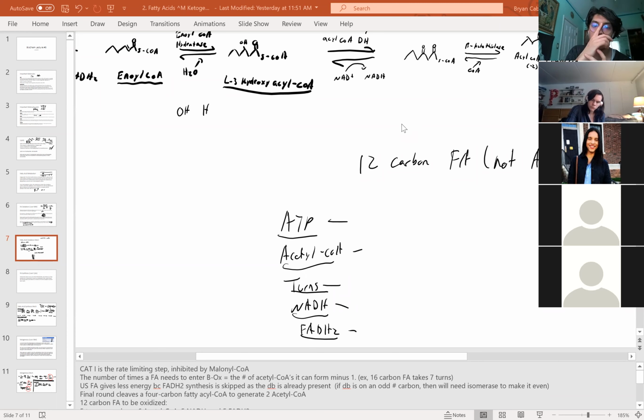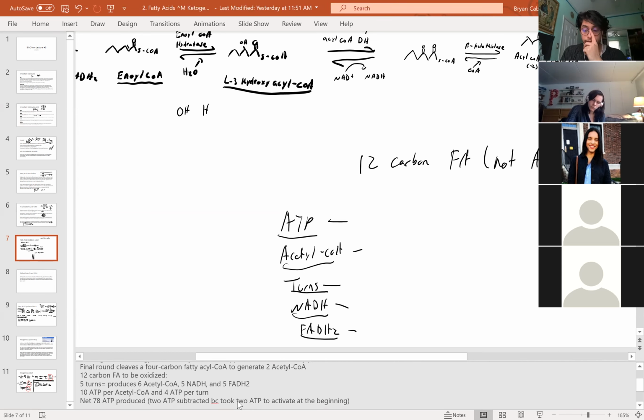Okay, anyone figured out how many ATP, acetyl-CoA, turns, total number of NADH, total number of FADH2 produced? Can I attempt to complete it? Heck yeah. All right, I'll go from the bottom up. FADH2s, in total, I got 11.